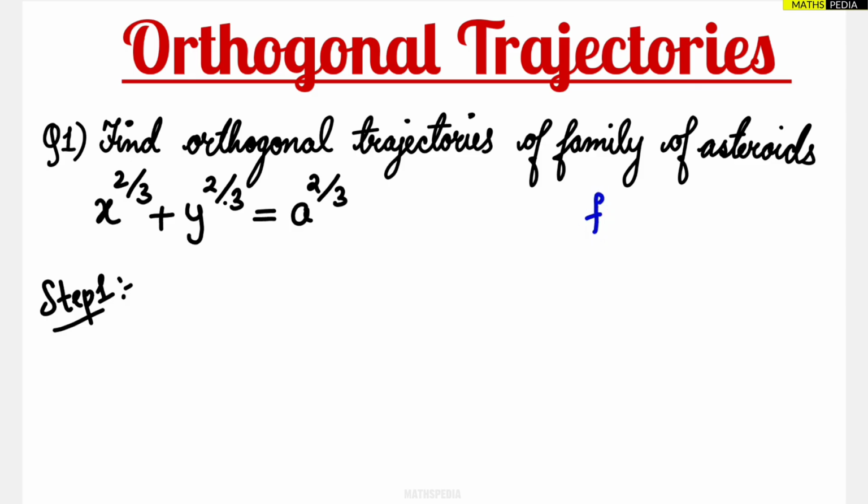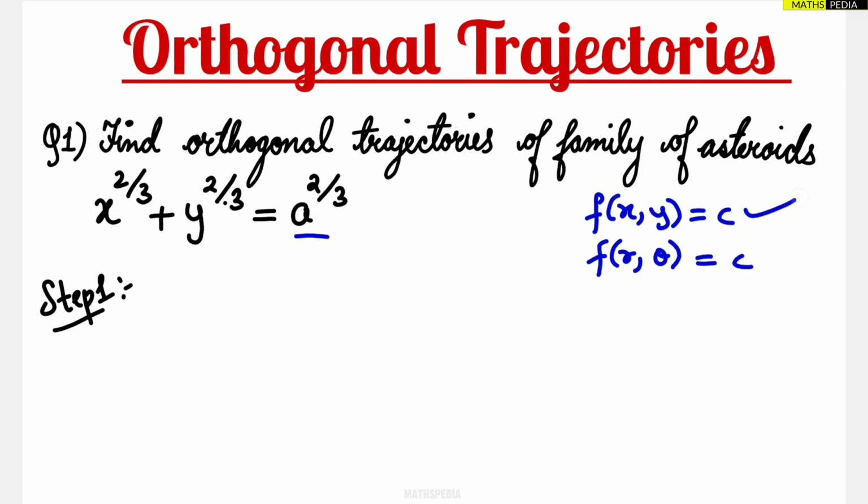A Cartesian family has a function of x and y on the LHS, and c is a constant term on the RHS. Here it is exactly given like that. In a polar family, a function of r and theta will be there on the LHS, while the RHS remains the same.